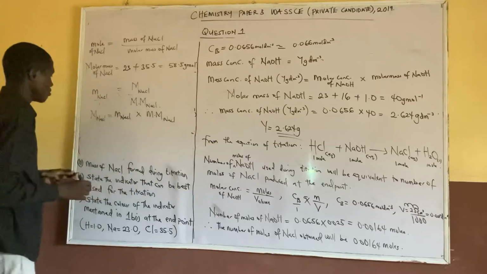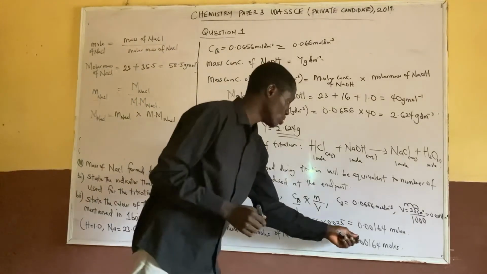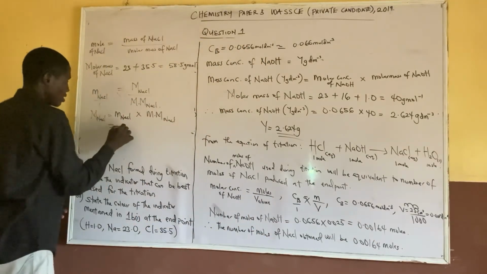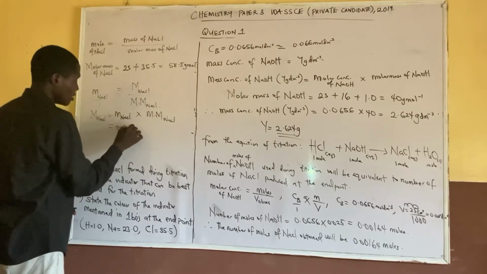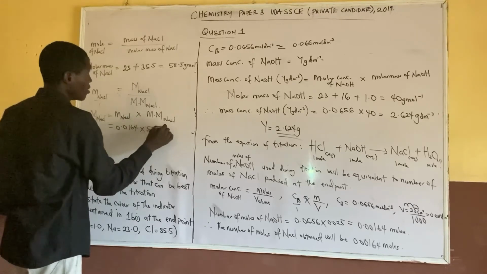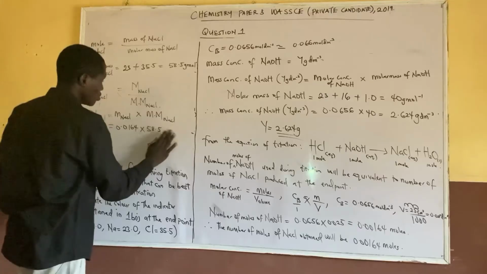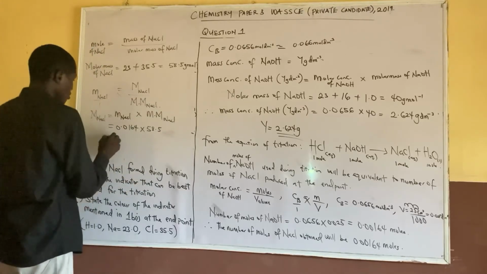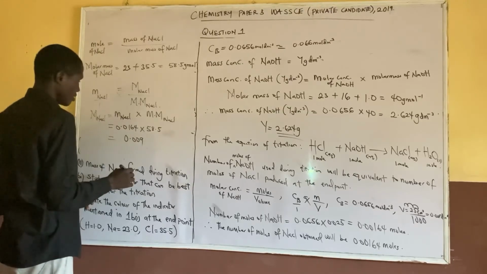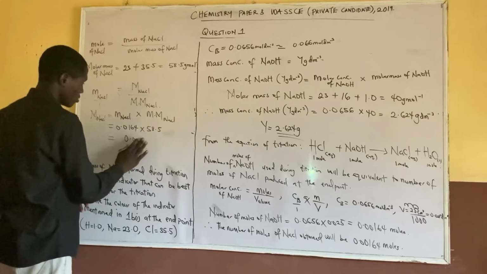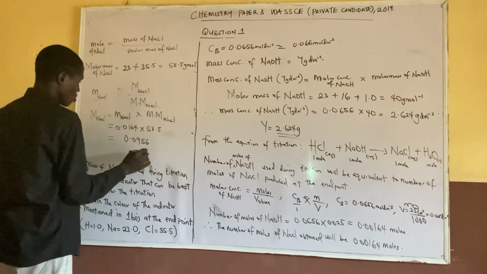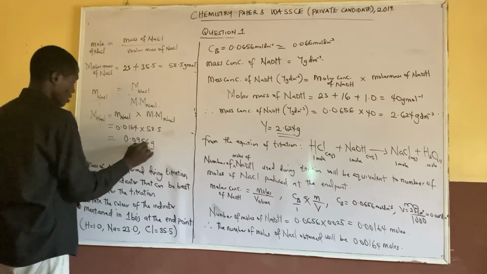To avoid prolonging things unnecessarily, just substitute the values. The number of moles is 0.0164 multiplied by the molar mass 58.5 gram per mole. We know that the mass will be in grams. So this will give 0.0956 gram, approximately.